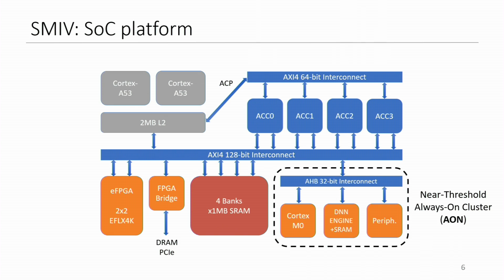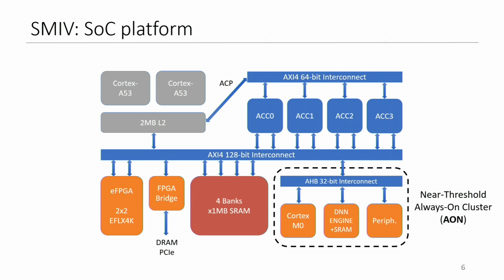So firstly, we have a near-threshold, always-on cluster. The idea with this is most of the system will be powered down for as long as we can keep it powered down. And during that time, we have this always-on cluster running. This is designed to run at a very low supply voltage, so the power consumption is low, and we don't drain our battery.